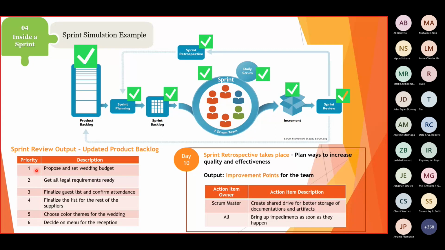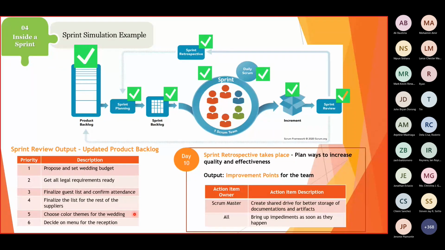So this now takes the first precedence, and then requirements ready, then finalize guest list, finalize list of suppliers, and if you can observe, we also have two items here that are added. Maybe in the sprint review, they noticed that they were able to find the venue, but they don't have the color theme yet.